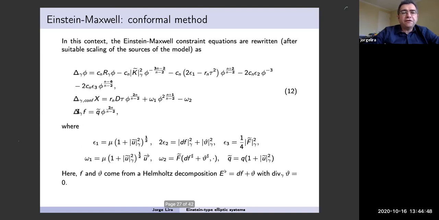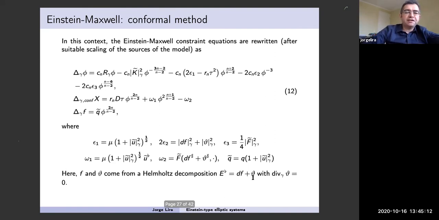So for reducing the problem in terms of the electromagnetic field to this scalar problem here, you have to consider some kind of Hodge decomposition or Helmholtz decomposition of the electromagnetic field. That's the thing that's written down in the last line. We start with the electric field.